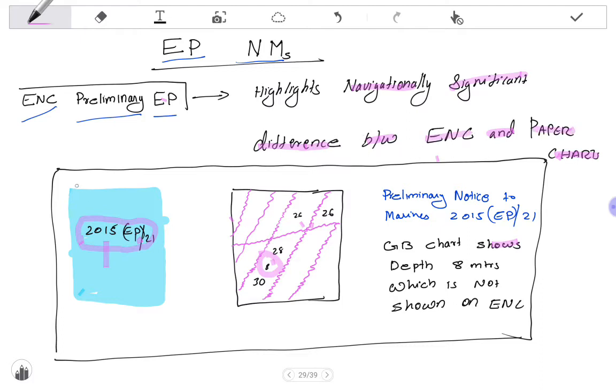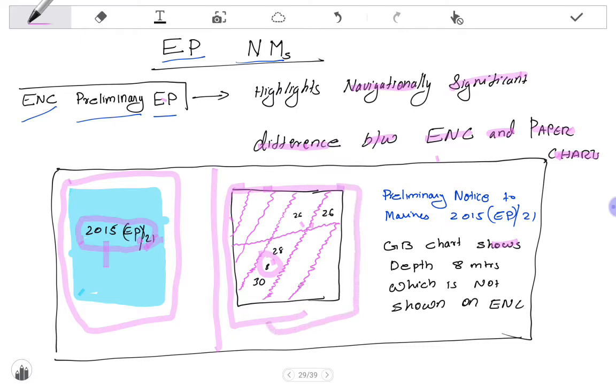Let's assume this is our ENC area, and when there is an EP notice, a number will come, like an EP number, and a number in brackets with EP and year. When you click on that option, like for pick report, another window will come with the corresponding area of the paper chart, and the information will be given.